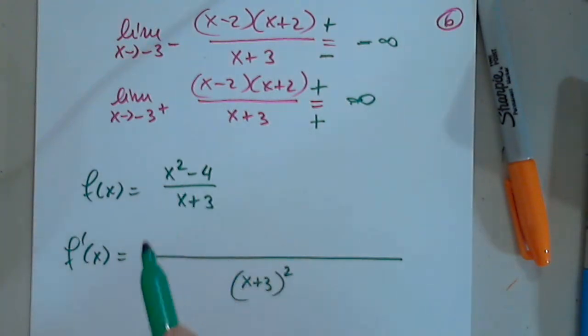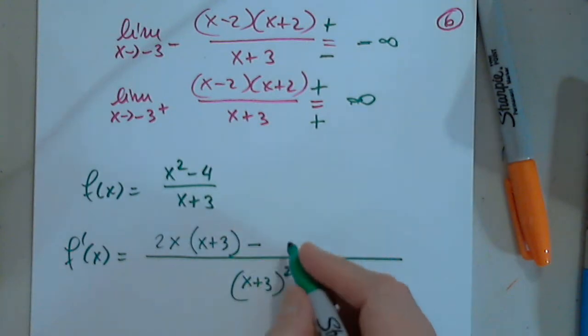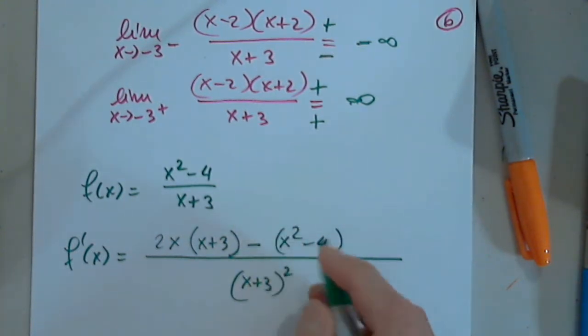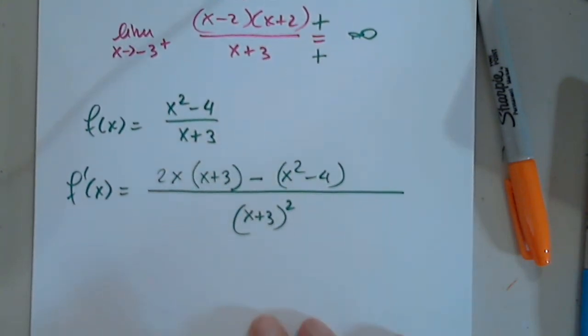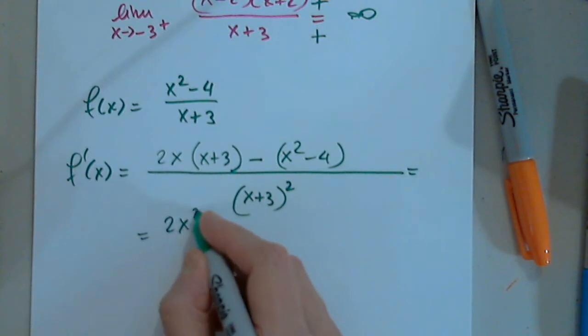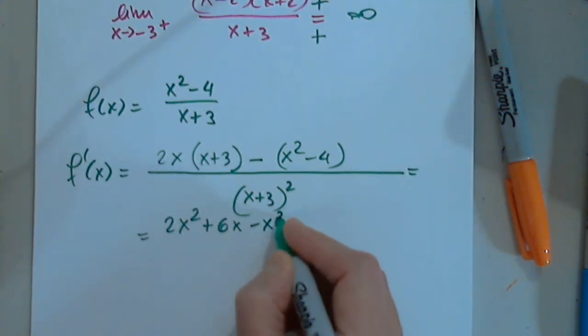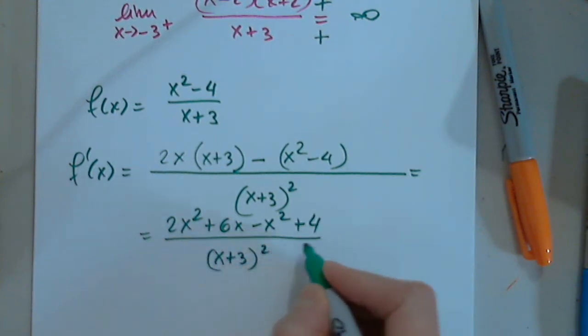The top prime, 2x, times the denominator, minus the top, careful because of this, times the denominator prime, which is 1. Do not try to simplify anything. So this is 2x squared plus 6x minus x squared plus 4, over (x plus 3) squared.